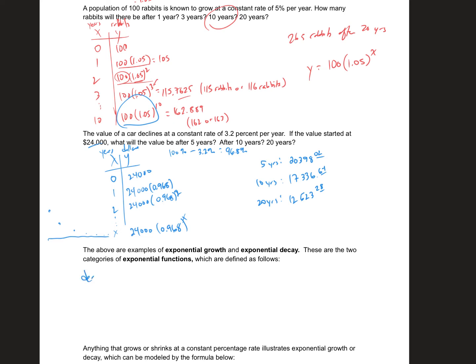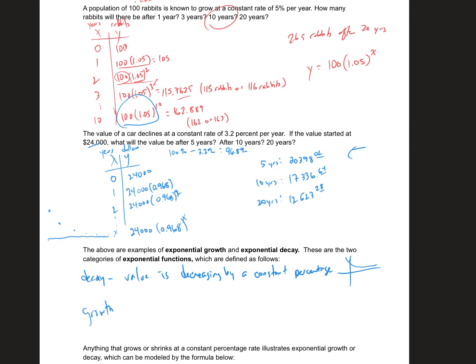Exponential decay is when a value or population is decreasing by a constant percentage. Now in the coins it was 50%, and the car declining it was 3.2%, but the percentage being the same is what made it exponential decay, so it looks like this.